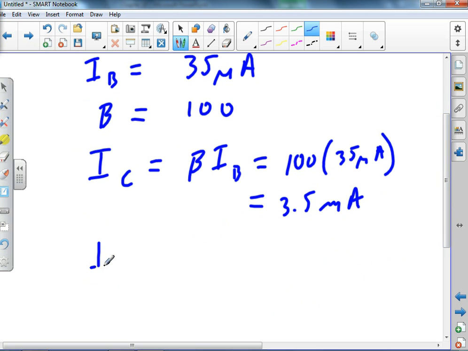I want to find IE. IE is approximately IC. So we could stop at 3.5 milliamps and say, isn't that lovely?